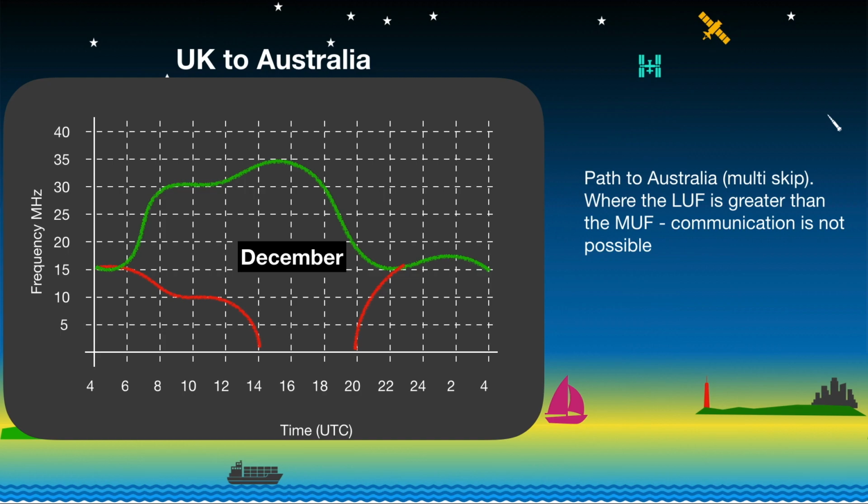But what we can say here with this graph is that for considerable parts of the day, communication is not possible to Australia because the LUF is greater than the MUF, and therefore there is no window for us to operate in.